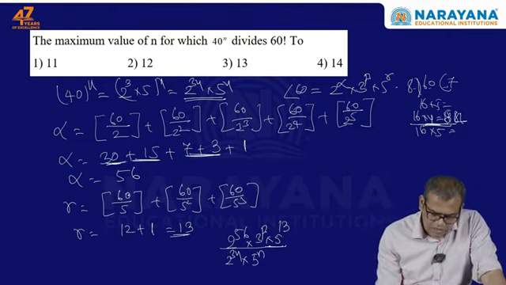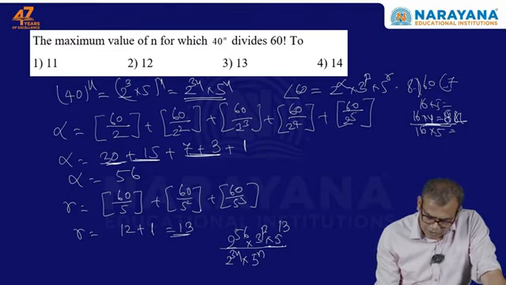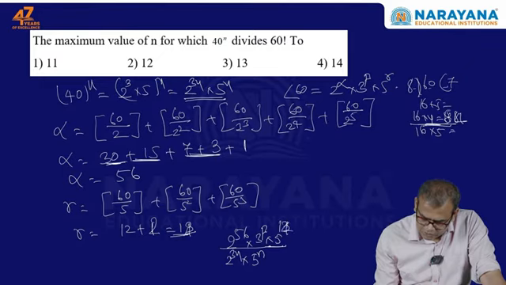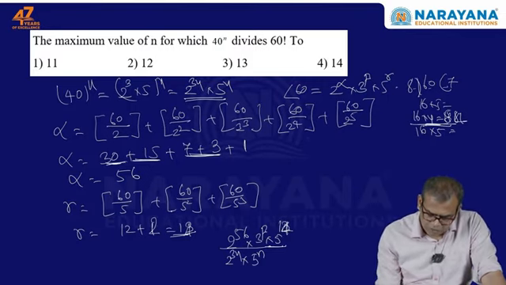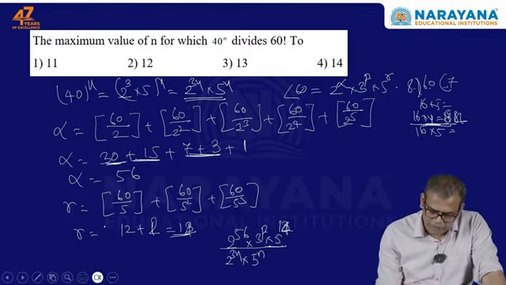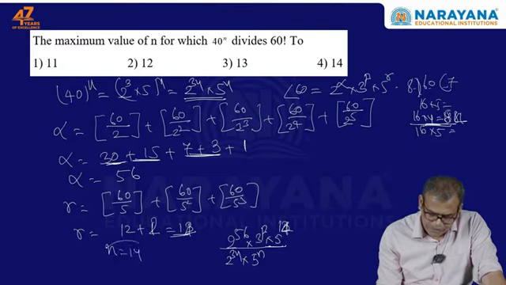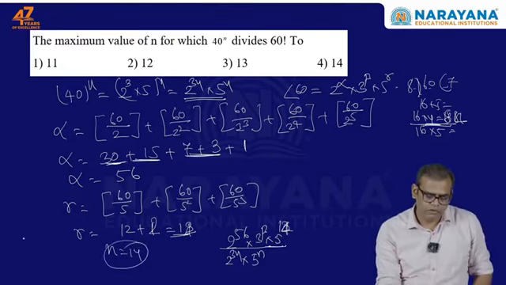The gamma is 60 by 5, then 60 by 5 square, 5 square is 25, sorry, here 14 will come. So 14 into 3 is 42. So the maximum value of n will be 14, that is the answer. Now we will go for the next question.